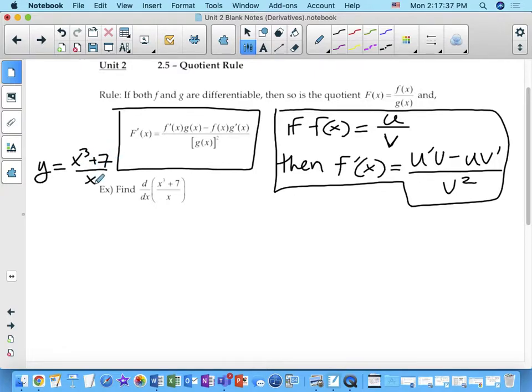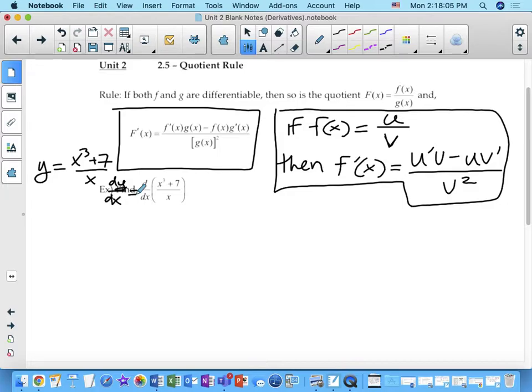And so I would say find dy by dx, and then I'm plugging in for y this expression, because this is what y is equal to. So when you see something like this in brackets, this would have been the original function.